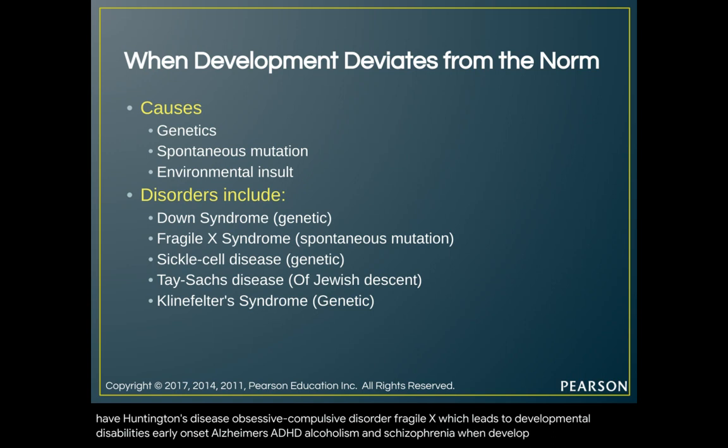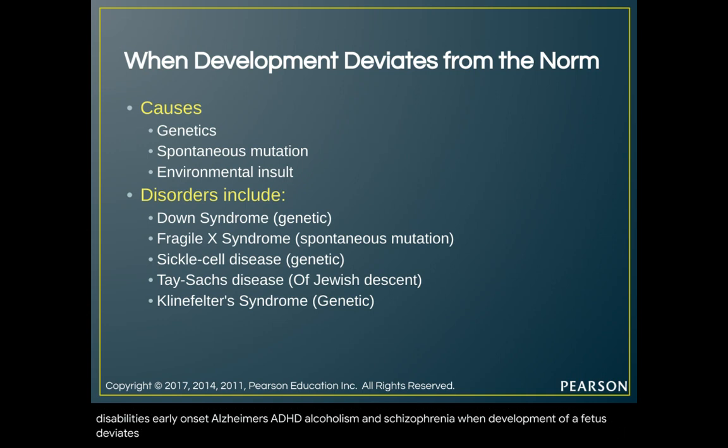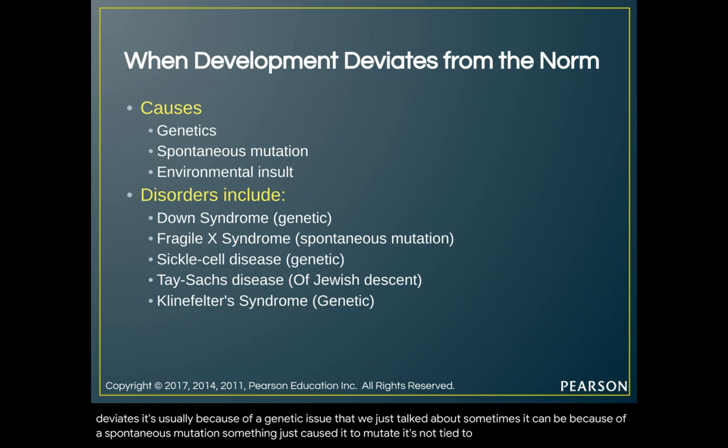When development of a fetus deviates, it's usually because of a genetic issue like we just talked about. Sometimes it can be because of a spontaneous mutation. Something just caused it to mutate. It's not tied to genetics.